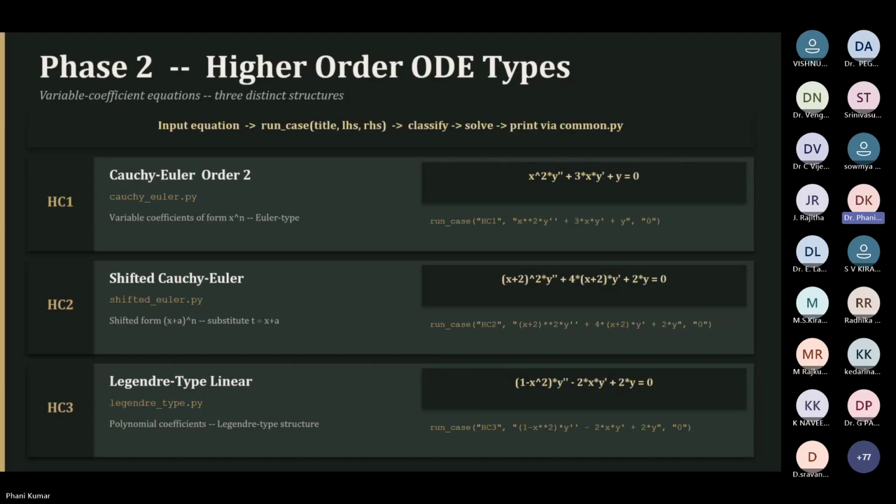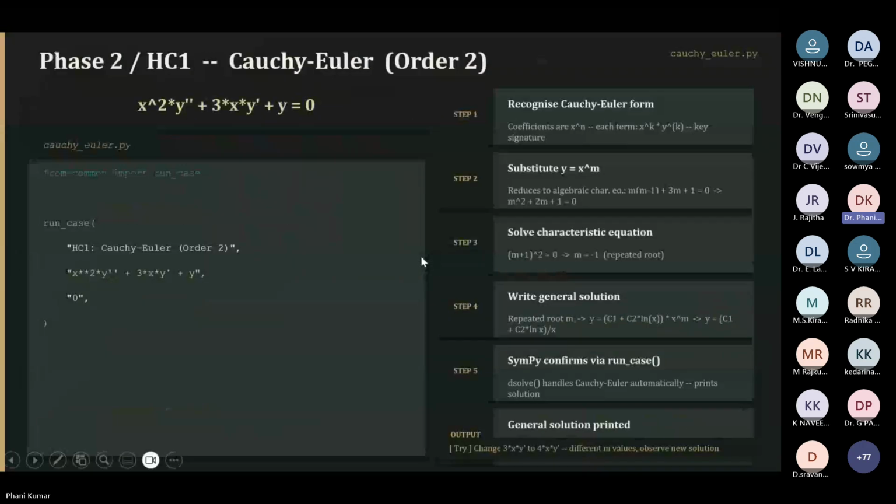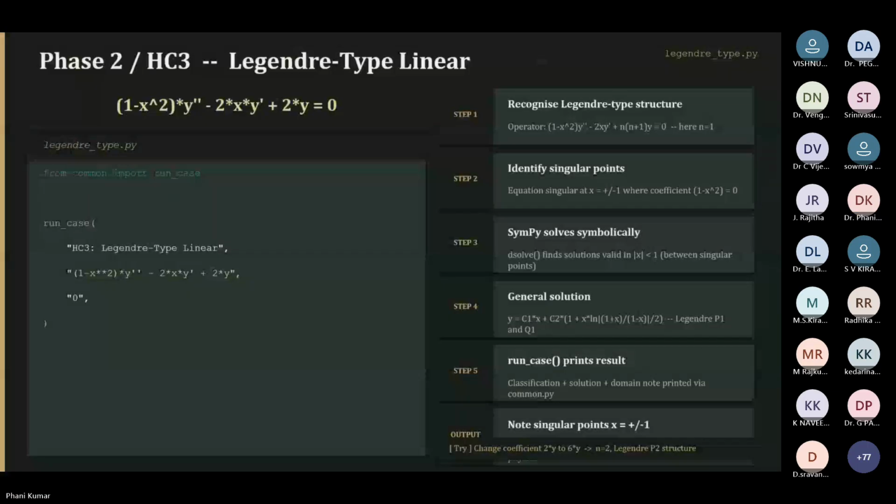Only Cauchy linear equation and Legendre type linear equation. We are not going to use that one here, only up to the method of variation of parameters. Up to that we have the forcing functions exponential, sin x and cos x, and a polynomial function. The same thing, whatever function we give in that program, and by using the second part as a particular integral.